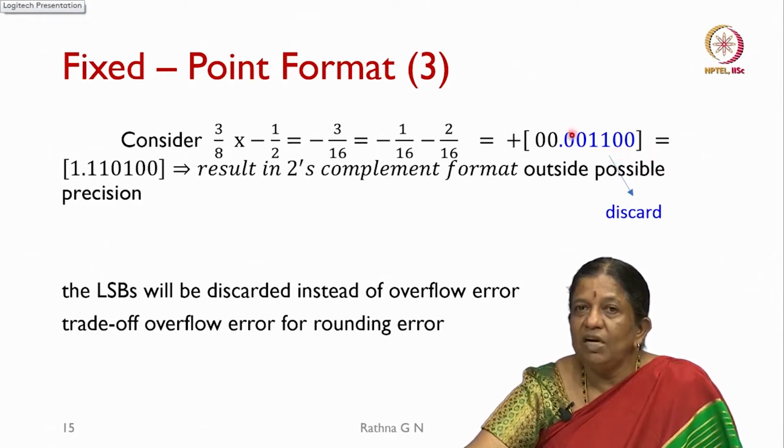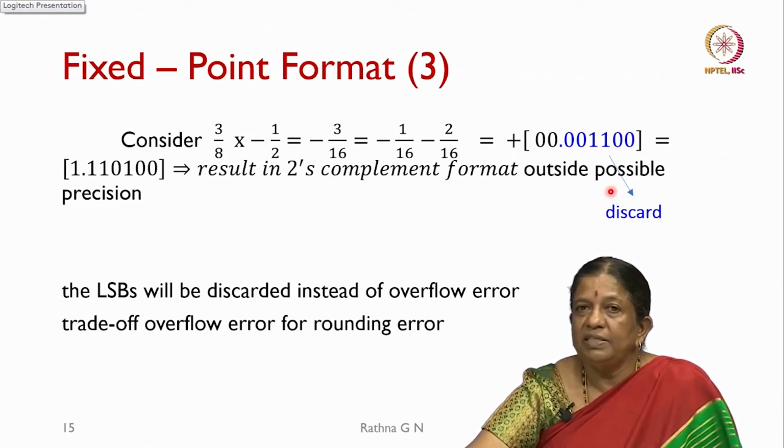This is equivalent, because this is a positive number I have represented, I have not represented the negative value. Here I will be considering the 2's complement of this number. When I take that 2's complement, the number represented is 1.110100. So, that is what we will have in 2's complement format.